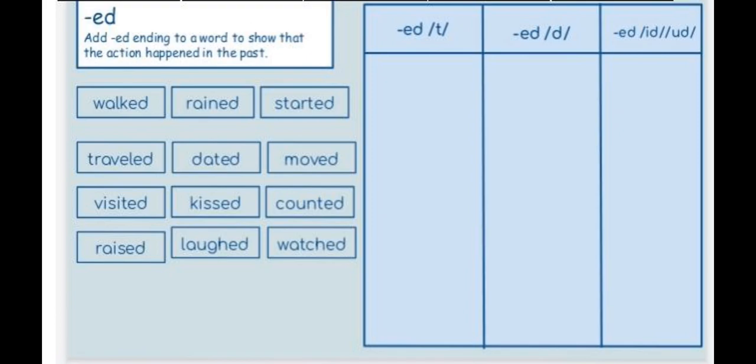So there are 3 pronunciations of the ed sound: T, D, and ed. Traveled, dated, moved, visited, kissed, counted, raised, laughed, watched.